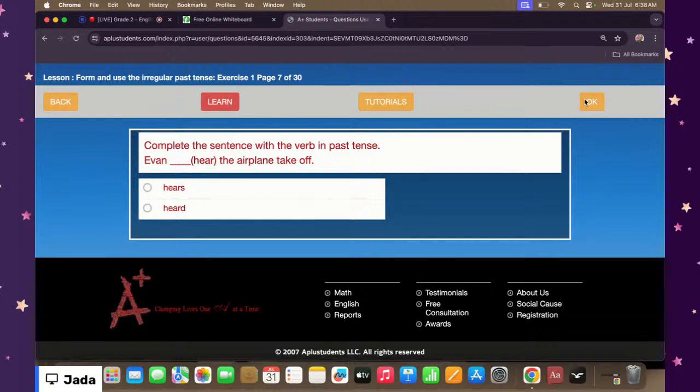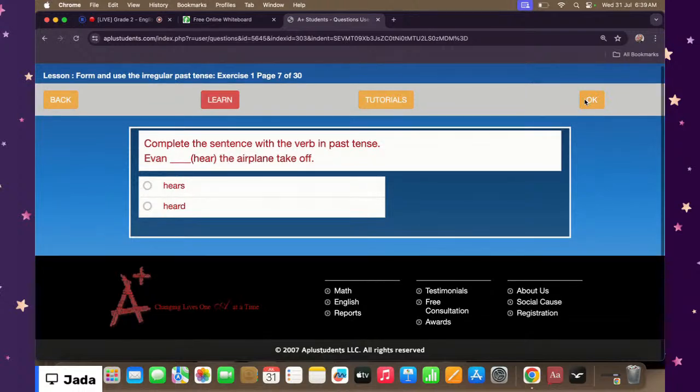Even here, the airplane take off. What is the past tense of hear? So heard. Okay? Cannot say hears, it is heard.